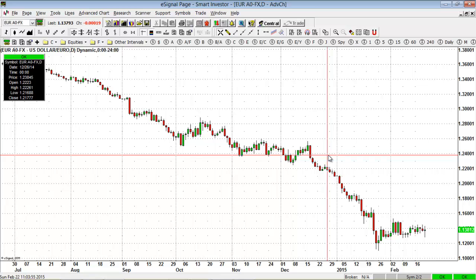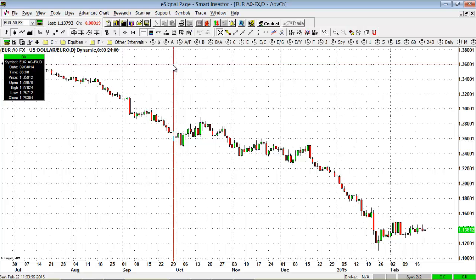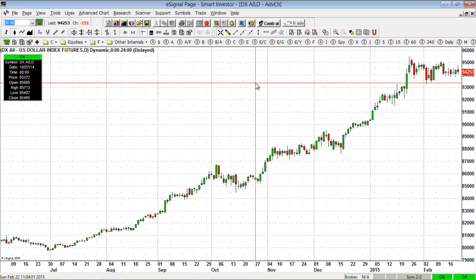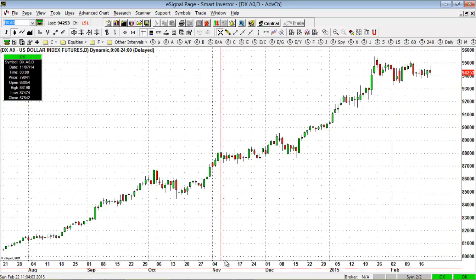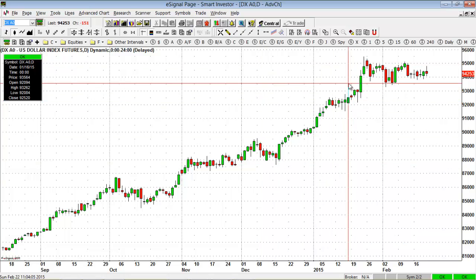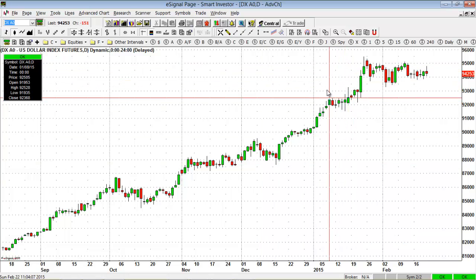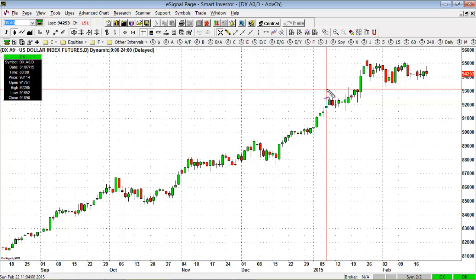Now, over the last month or so in the US dollar index, let me just switch over to the daily chart. We see that the market has not really been doing much. After this huge rally in the dollar, the market is in a triangular consolidation pattern and is not doing much for the major currency pairs.